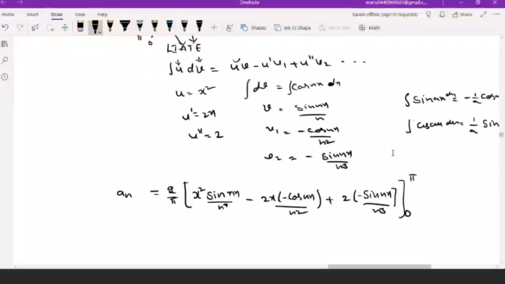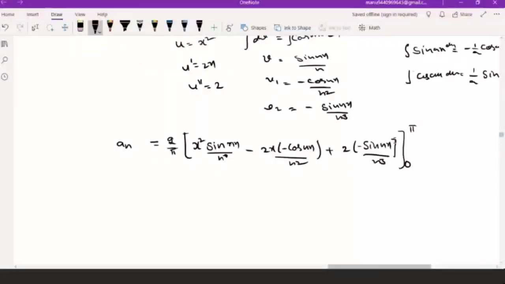So we are having the conditions. Sin n pi and sin 0 are equal to 0. We are observing that the sin functions vanish, which means these two terms vanish when we substitute the upper limit and lower limit.